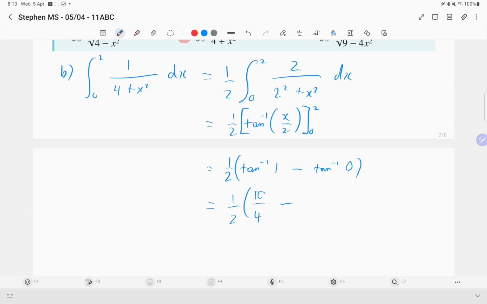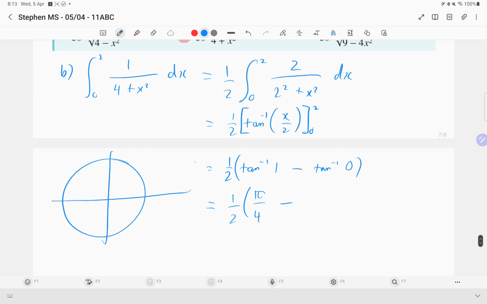None of the triangles have that, but you can think of the unit circle with the tangent line. Which angle gives you tan equals 0? 0, yes. 0 minus 0.